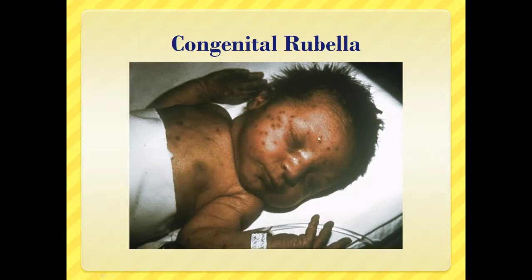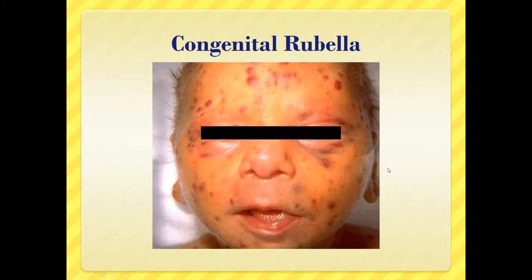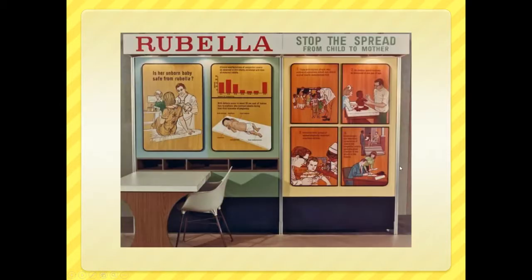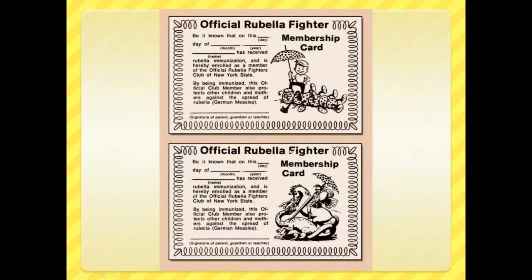They will typically have the rash, as you can see on this child here, and they are often born with cataracts. As you can see here, the cloudiness in the lens. So there was a big push in the 60s to get women vaccinated, well, to get children vaccinated, but to get women vaccinated so that they wouldn't have a child that was born with congenital rubella.